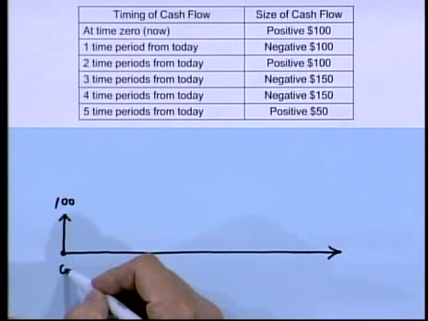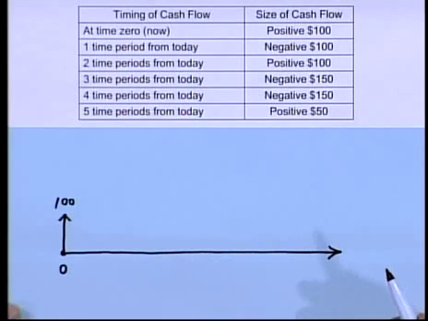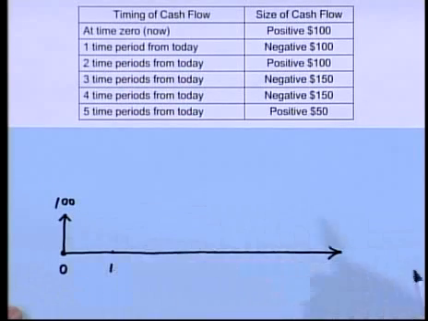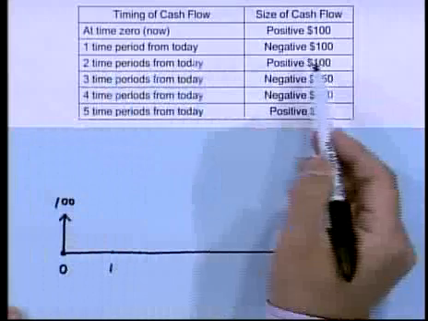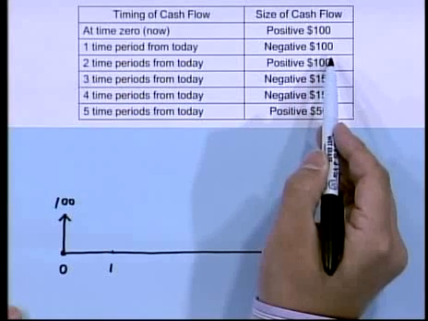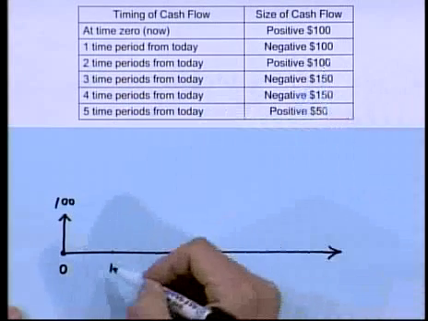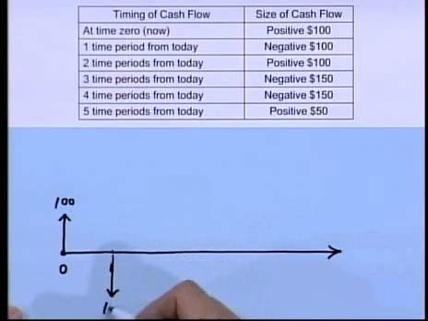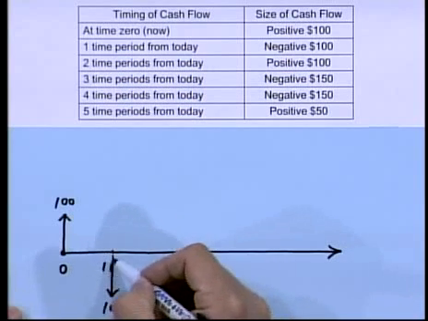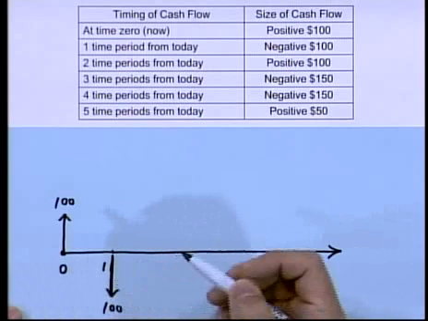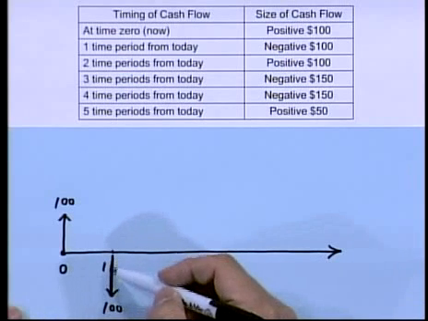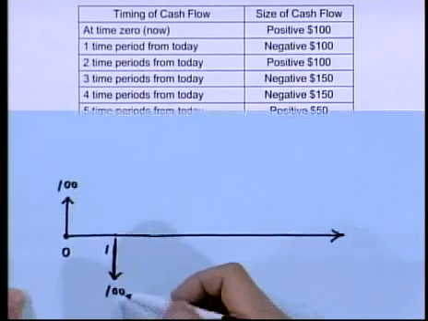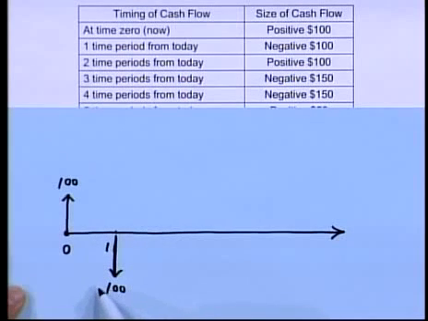And then we mark the time 0 here. One time period from today, we have negative 100, so we have it like this, negative 100. You remember the arrows pointing down represent negative cash flow, which means you don't need to put a negative sign here.